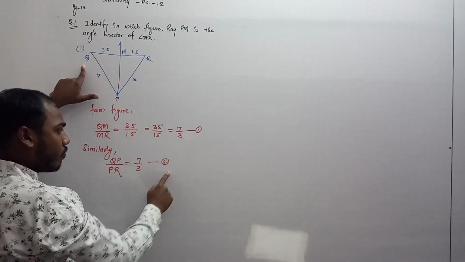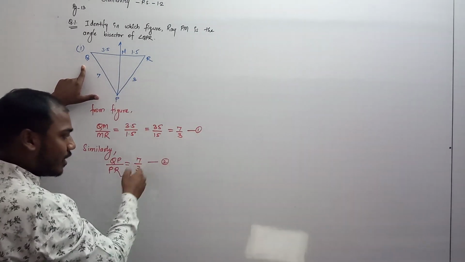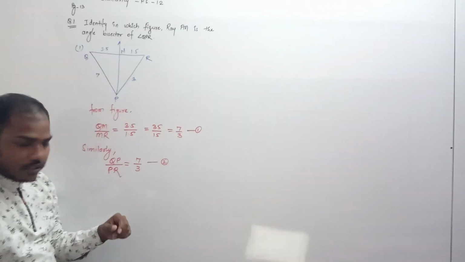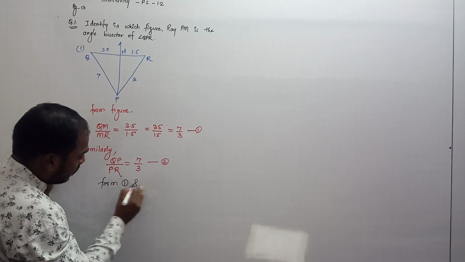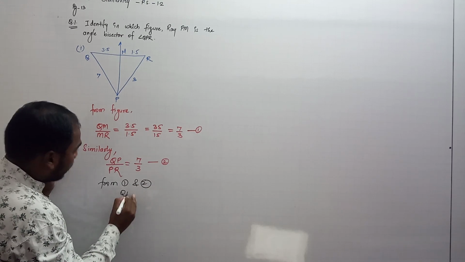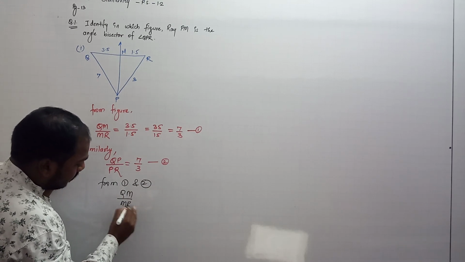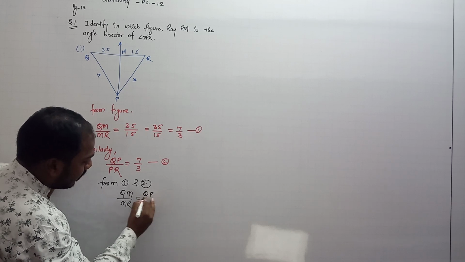So if I check equations 1 and 2, the right hand sides are equal. So simply we can say that from 1 and 2, QM divided by MR is equal to QP divided by PR.